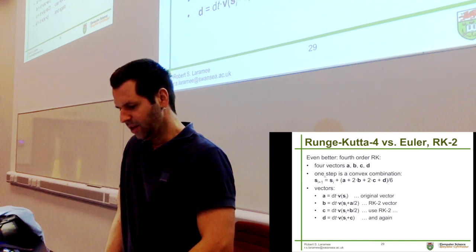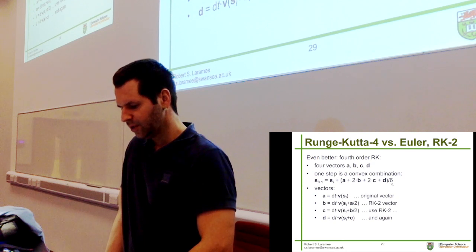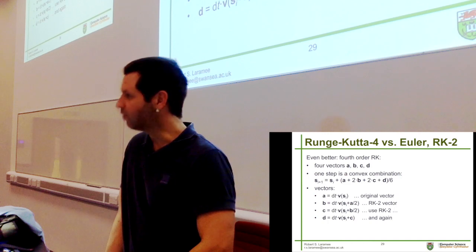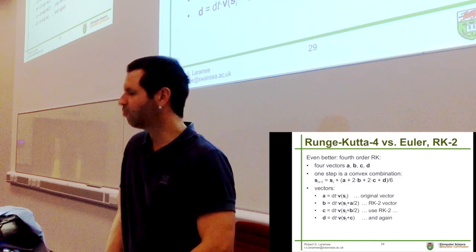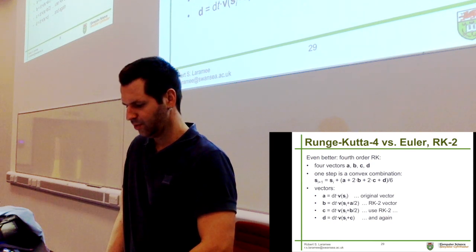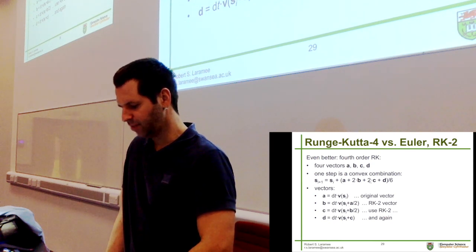And each step looks like this. It follows this formula. So this is the previous point. The next point is the previous point plus A, which is the original Euler vector, 2 times B, which is the same as the preview vector from Runge-Kutta 2, plus these new aspects using the Runge-Kutta 2 again, and D again.